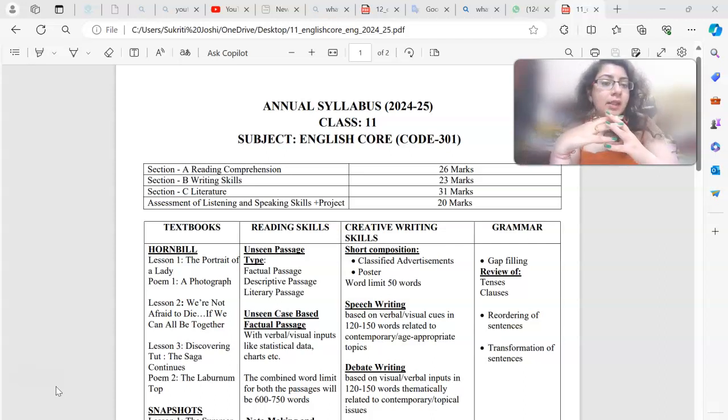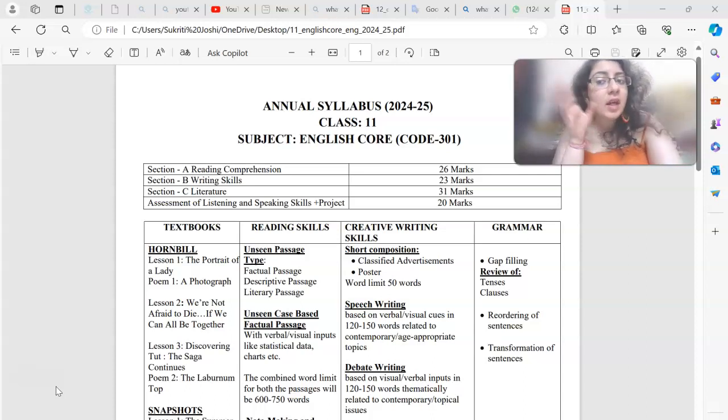Section C, that is literature, comprises 31 marks. And the assessment of listening and speaking skills plus project, please note, plus project, would make it 20.